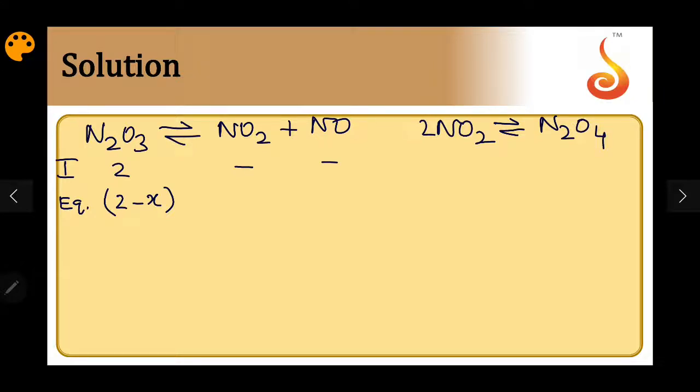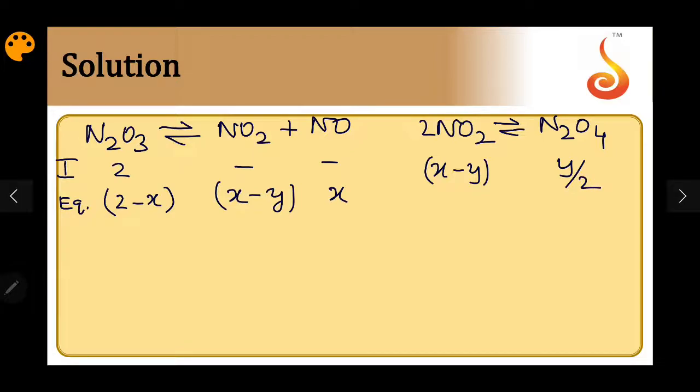So part of NO2 is converting into the dimer. 2 minus x means x will be formed. Out of x, y is going to be converted to dimer. NO is x, and NO2 is x minus y. If y moles are getting dimerized, the dimer will be y by 2.